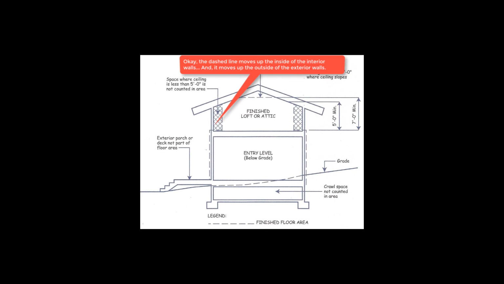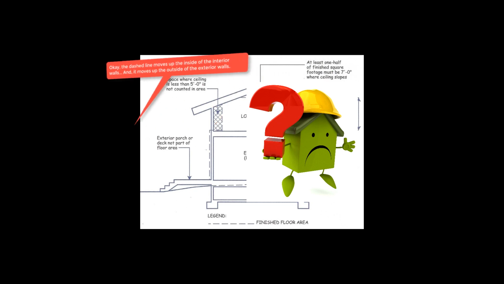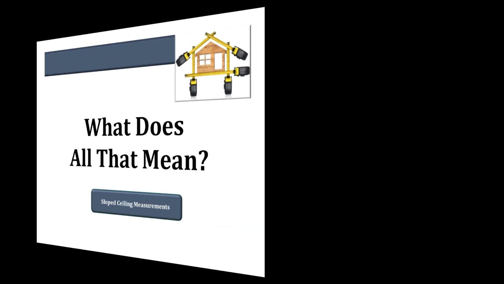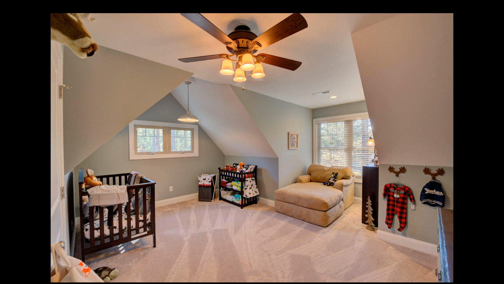Well, the dashed line moves up the inside wall on the upper level interior walls, and it moves outside on the exterior walls on the lower level. Is that confusing? Yeah, it brings up a couple of questions. And really, what does all that mean? It means it could be argued several different ways. And that really is a problem.